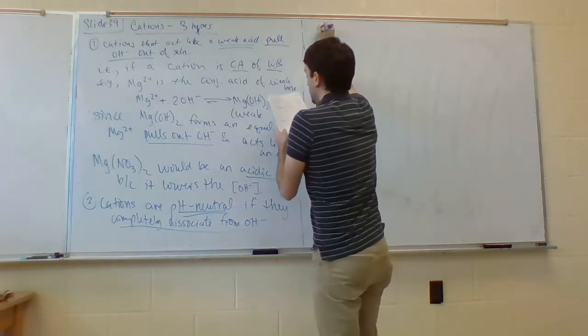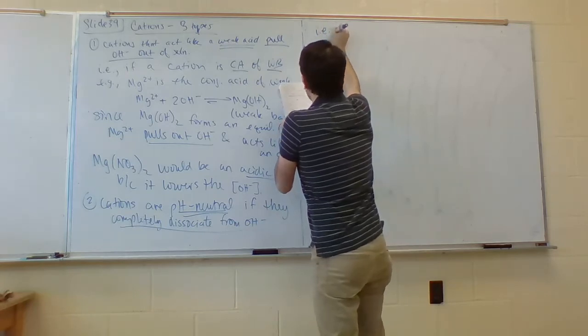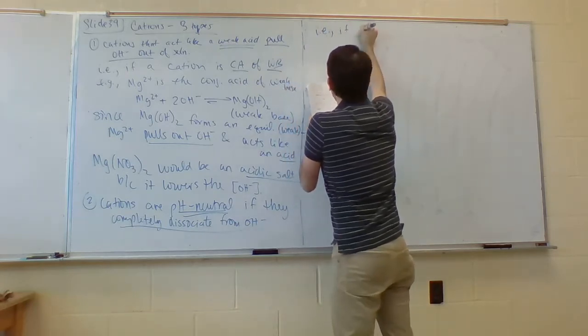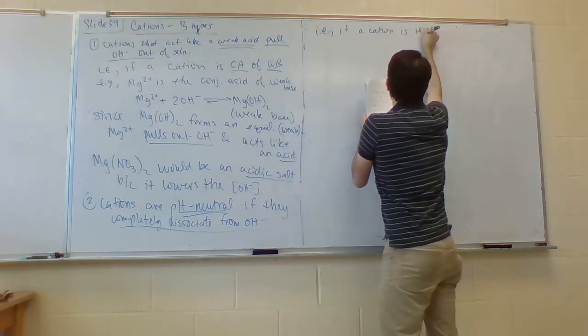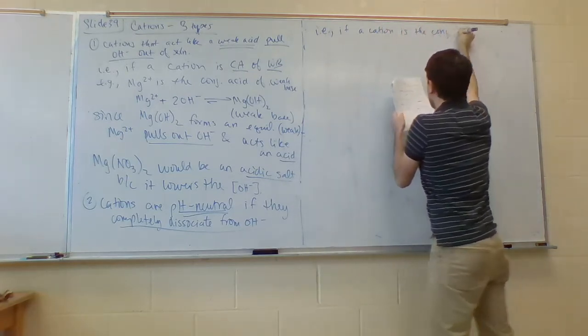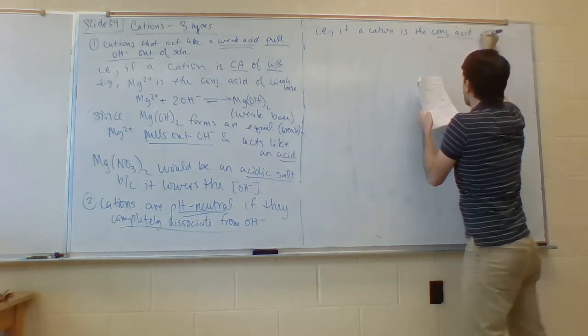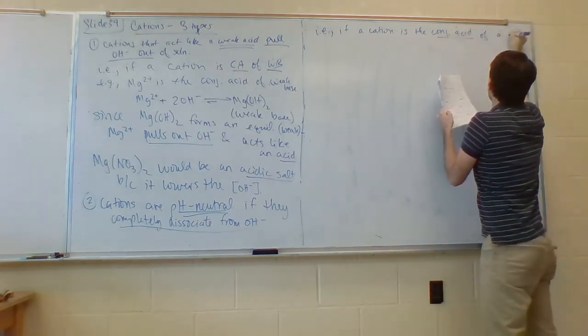Now, when does that happen? Well, this would be like if a cation is the conjugate acid of a strong base.